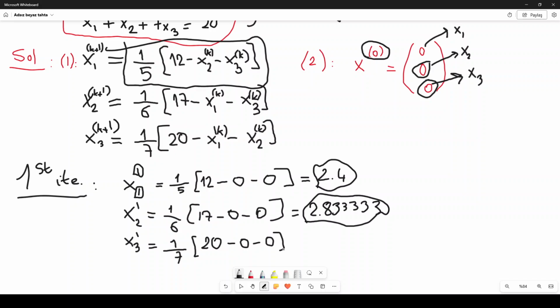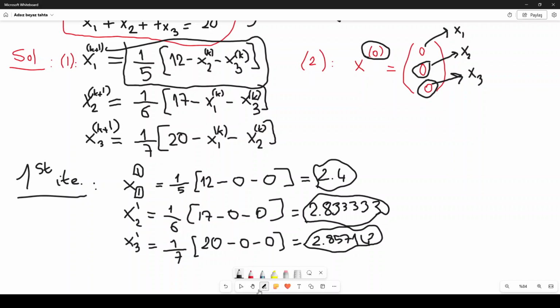So 20 over 7, and using a calculator, we get 2.857143. This is the new value that we obtained for the third unknown variable.